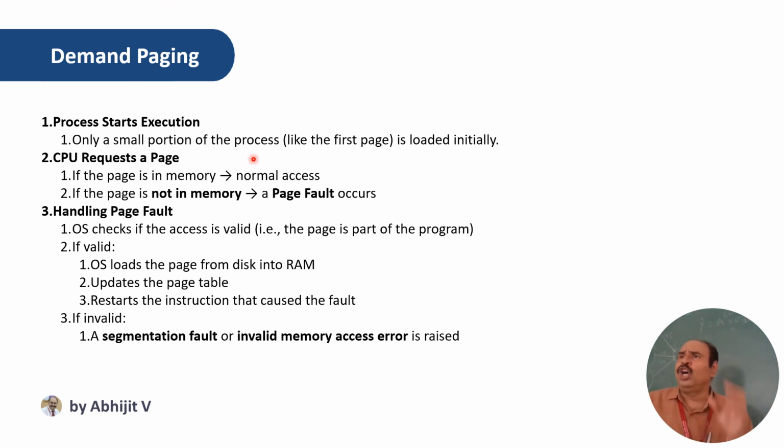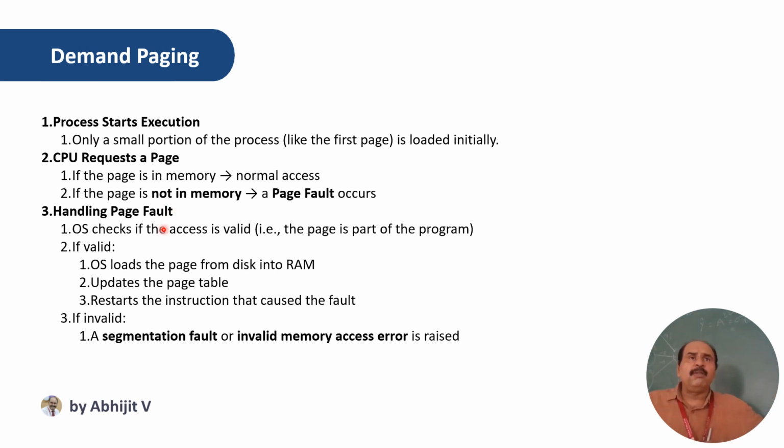Only a small portion of every process is first loaded, not the entire process. The processor requests a page. If the page is in memory, then it's a normal access. Otherwise, if it is not in memory, a page fault occurs.